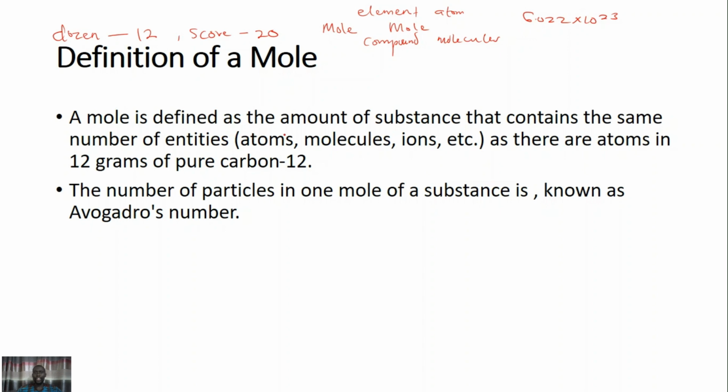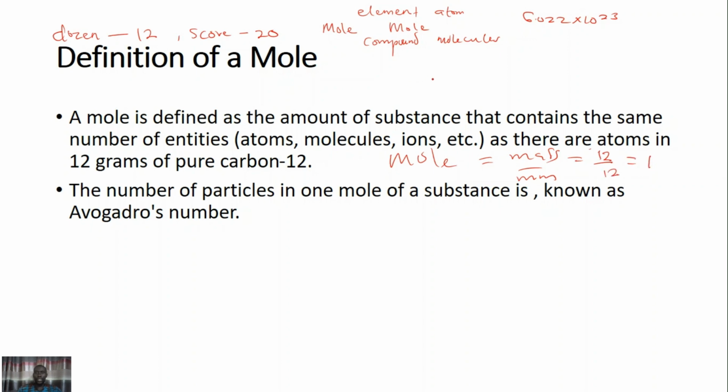The mole is defined as the amount of substance that contains the same number of entities as there are atoms in 12 grams of pure carbon-12. Mole is usually calculated as mass over molar mass. So 12 grams of carbon divided by the molar mass of carbon, 12, will give you 1.